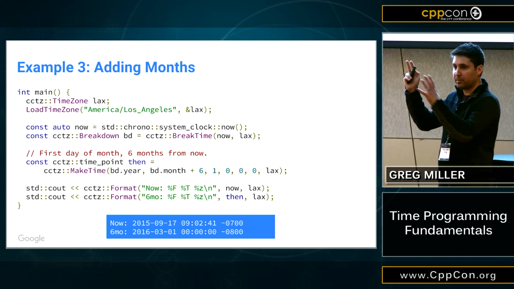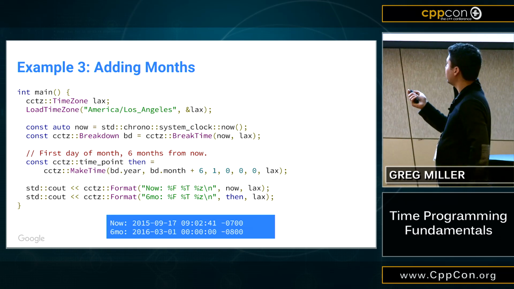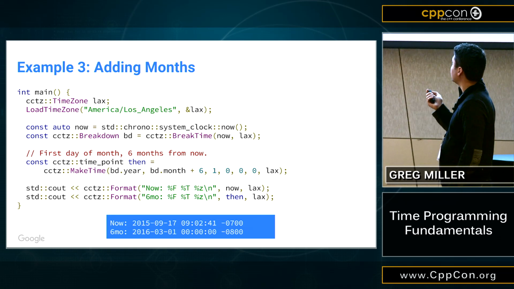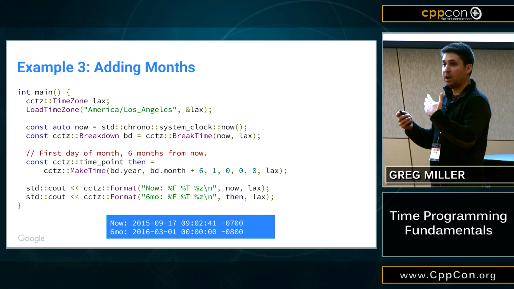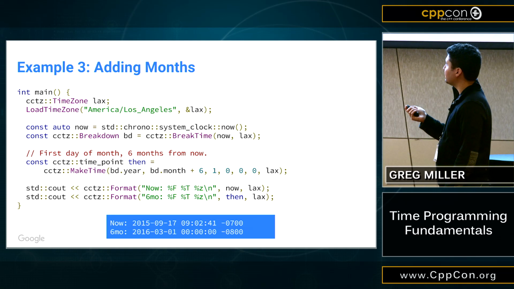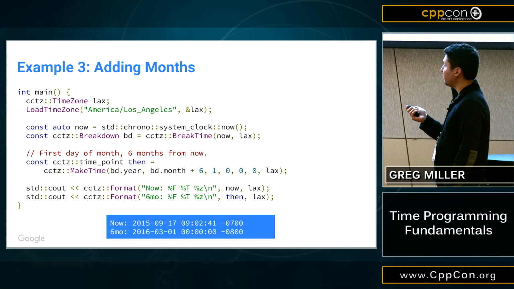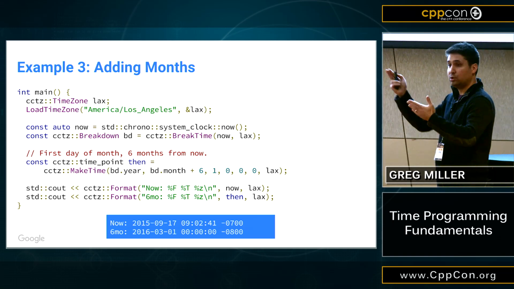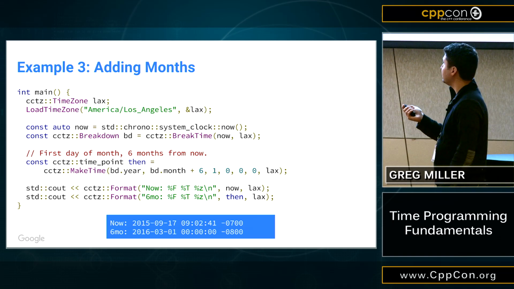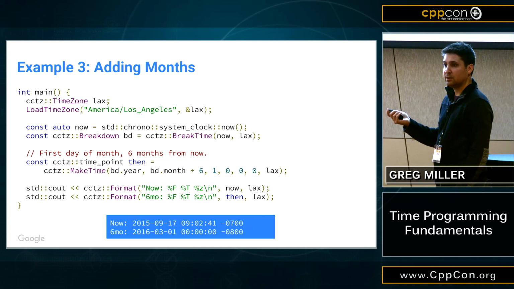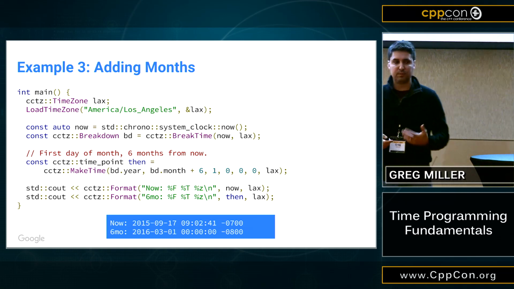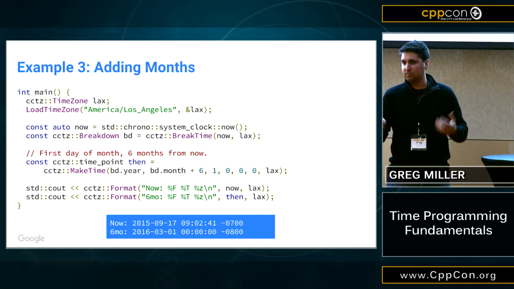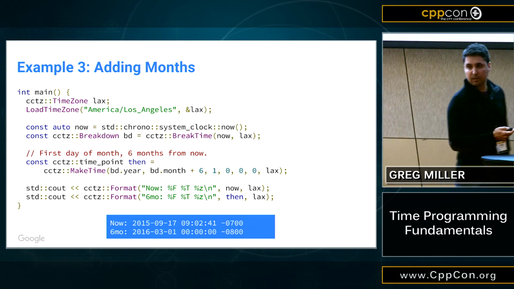If you remember the graphs for spring and fall daylight savings time transitions, when you're going from a civil time to an absolute time, there can be cases where times are repeated or skipped. And that's what I was saying about make time picking one, we think a sensible one. But there's a different version: if you want to know that there are 2 or multiple possibilities, you would call the make time info function, which would give you all those details if you care about them. In many cases, if you're computing 6 months from now, you probably don't care about that.